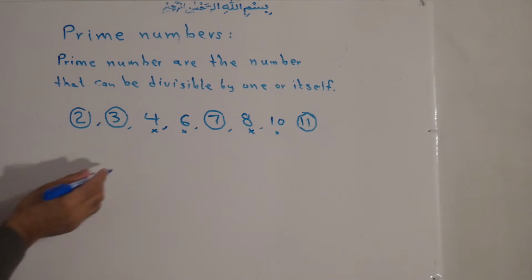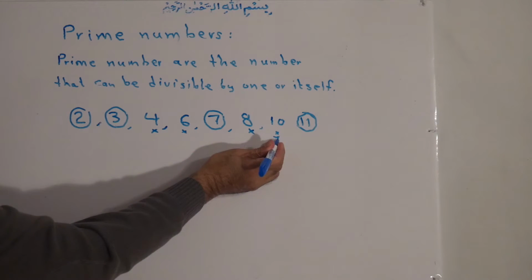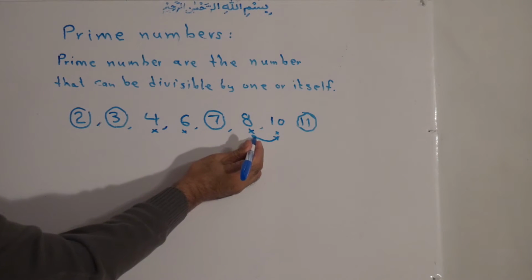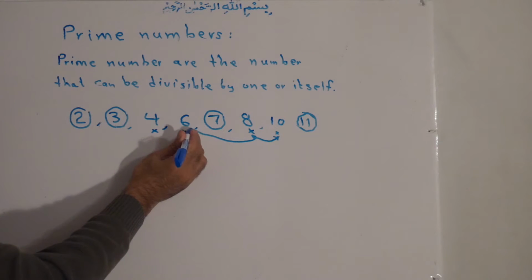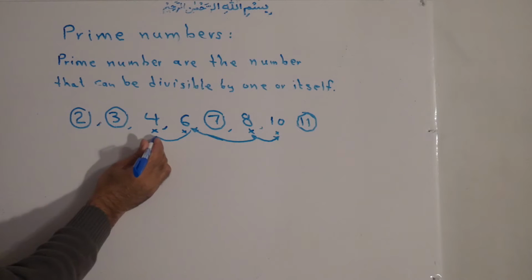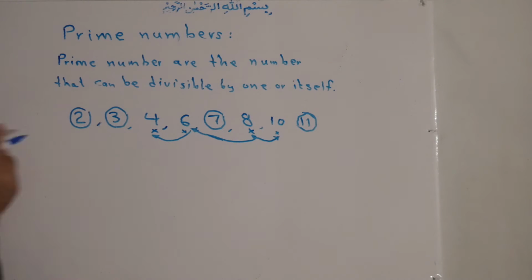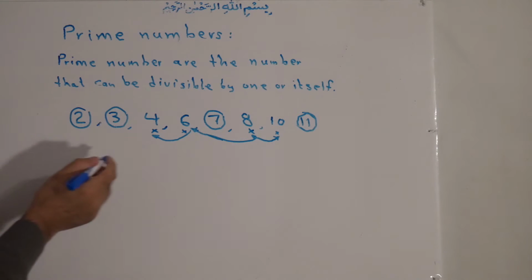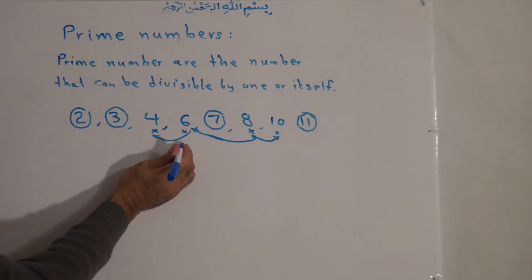So numbers like 10, 8, 6, and 4 are not prime numbers. So what are they? They are composite numbers.